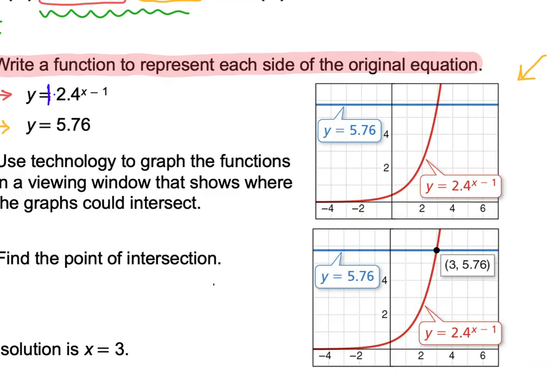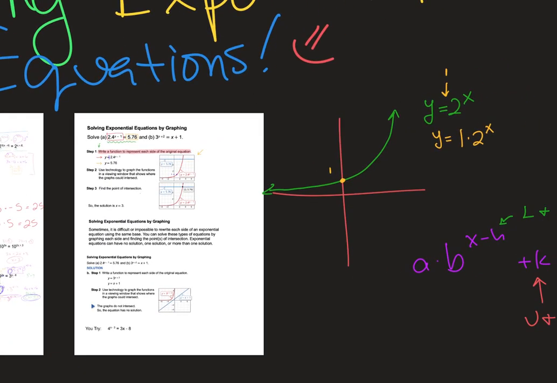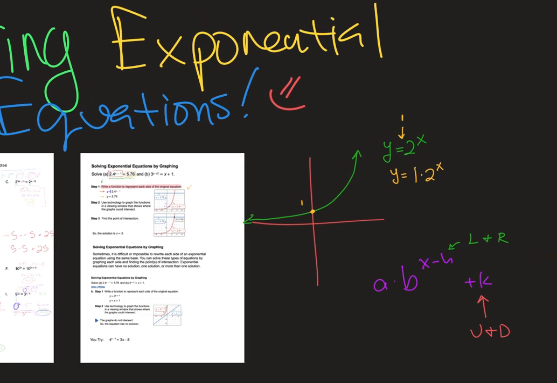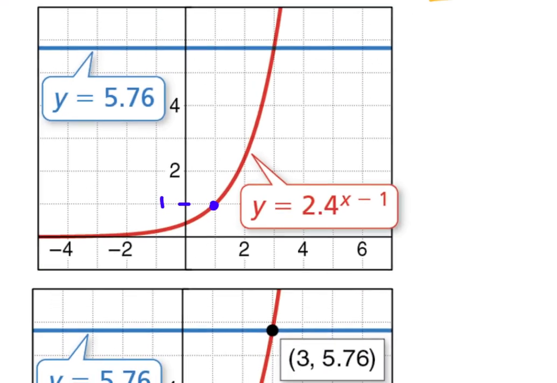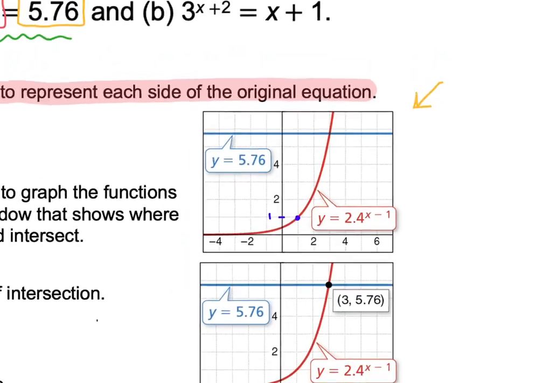I'm sorry, I screwed up. It's going to move to the right. So that's why that's 1 right there. See how that's 1 on the y-axis? And it's pretty close to our parent function, because our parent function was just 2 to the x. So, what do you think? 2.4 to the x can't be that much crazier, right? No, it's not.